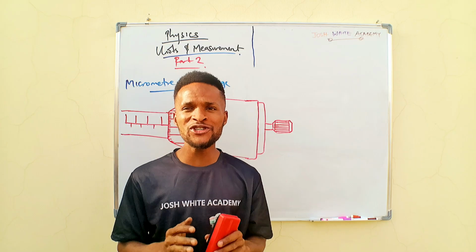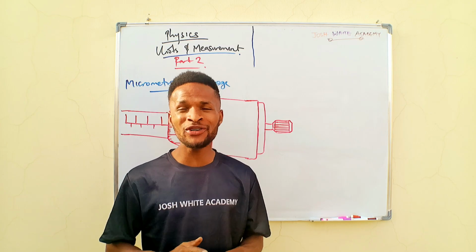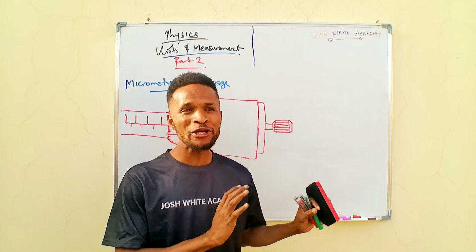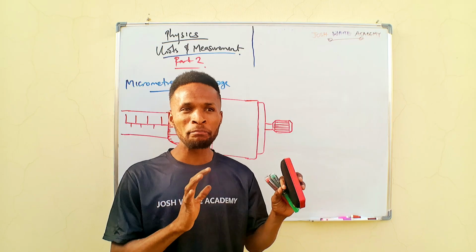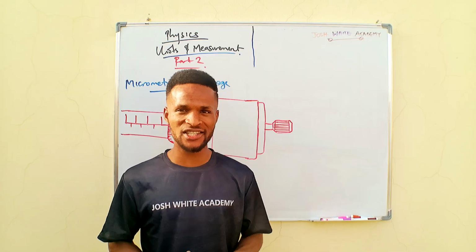Like you want to measure the thickness of a paper, or of a ball bearing, or the thickness of a wire, we use the Micrometer Screw Gauge because of its level of reading accuracy.